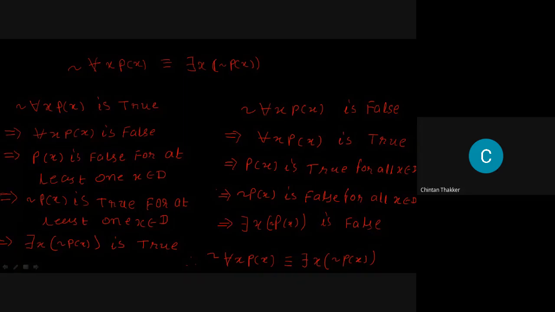Yes, so this way we can prove the De Morgan's law for a quantifier. Now similarly, you have to prove for the second one. The second one is, all have taken the screenshot.